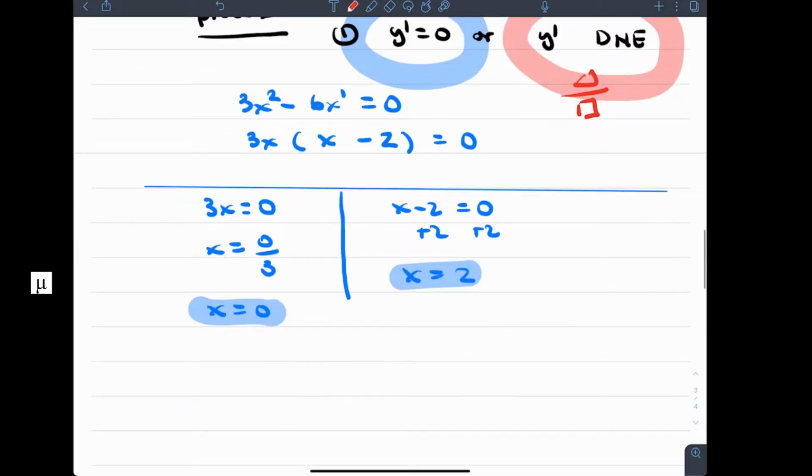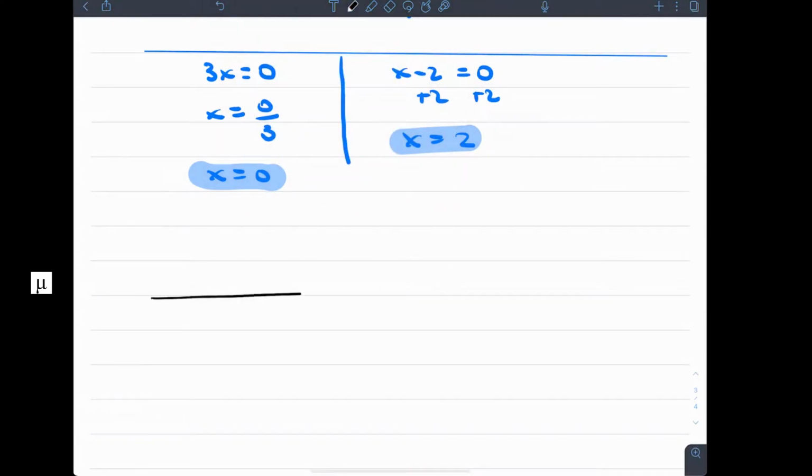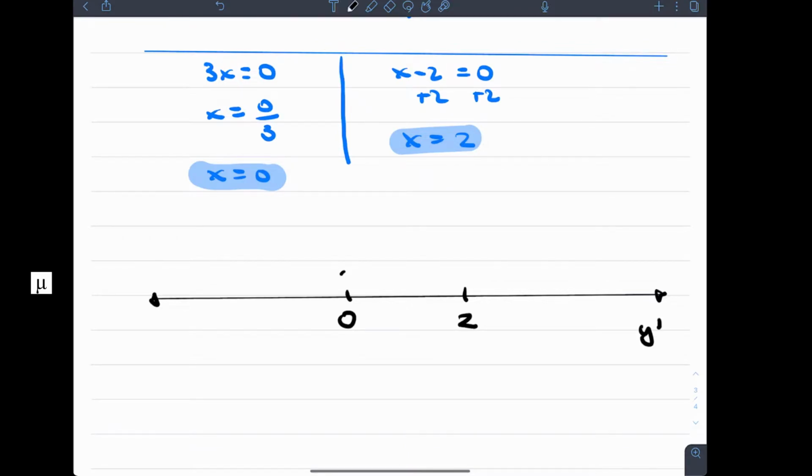So sign analysis, ladies and gentlemen, is a great tool. And remember, we have to find where x is 0 and x is 2. This is, again, that derivative. Your derivative is 0 here. Region 1, region 2, region number 3.